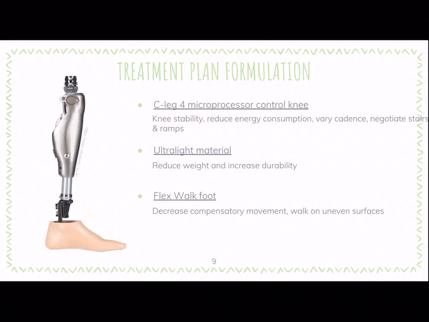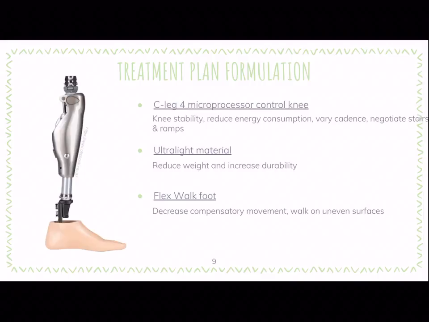Also, the clinician indicated ultralight materials for her to reduce the weight of the prosthetic device, and this will increase efficiency as she ambulates, obviously, and also increase the durability of all the components. And finally, for the foot, a FlexWalk foot is indicated for her because it will decrease compensatory movement and allow her to walk on uneven surfaces.